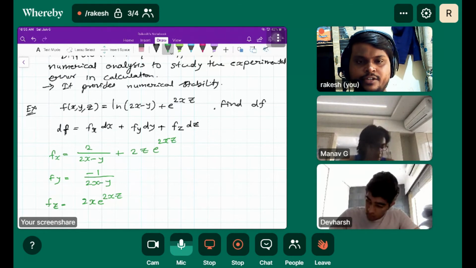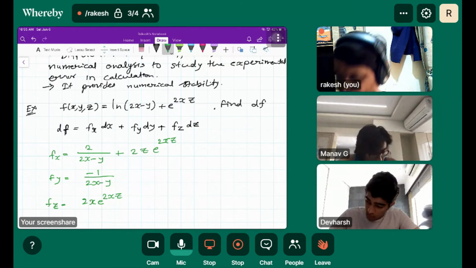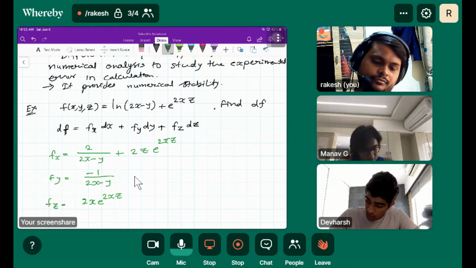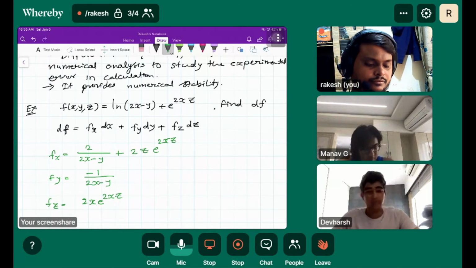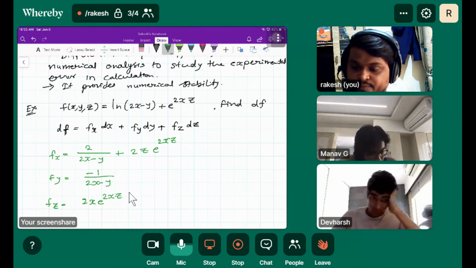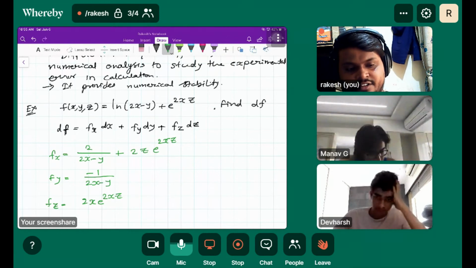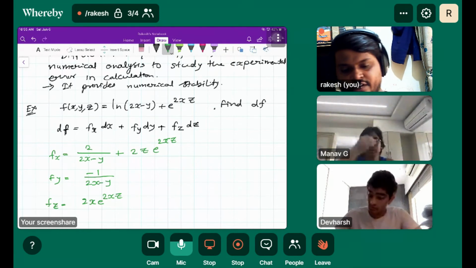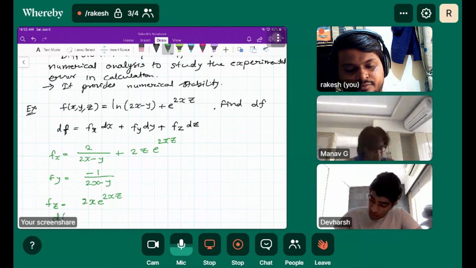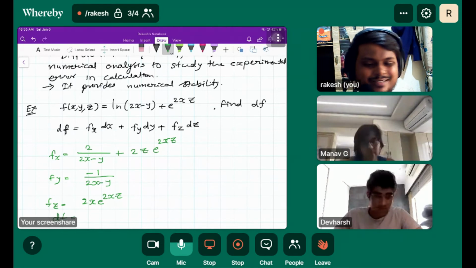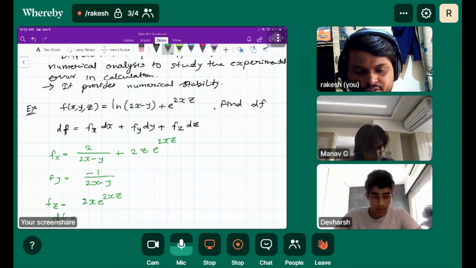That's the notation, partial derivative. So e raised to 2xz there. Okay, you substitute that in the formula to find df. Simply the terms will be substituted.